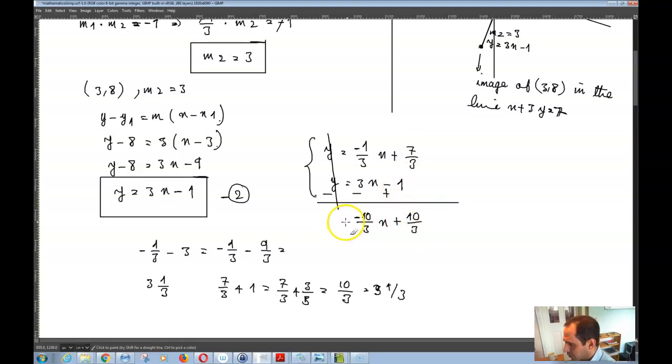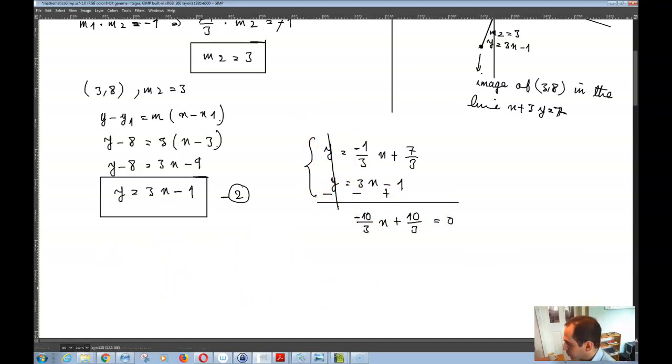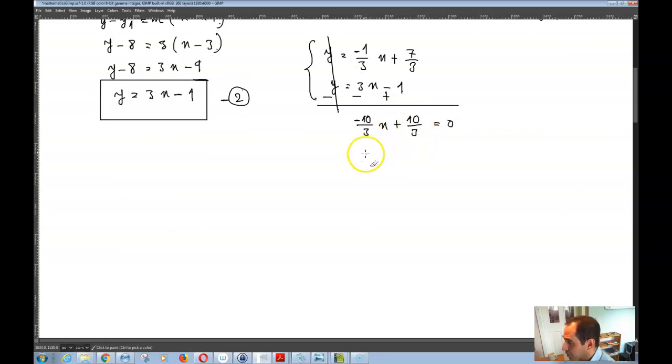So this is equal to 0, because the y's were cancelled out here. So what I can do now is negative 10/3 x is equal to negative 10/3. You can cancel these out, and x is equal to 1.